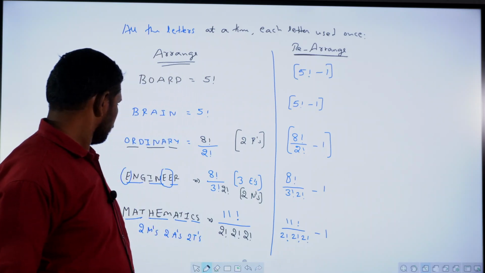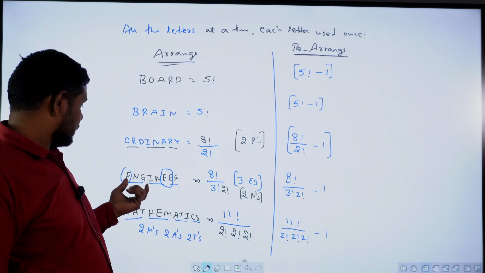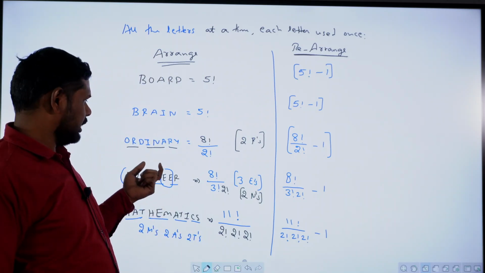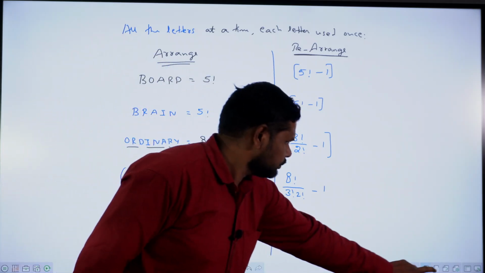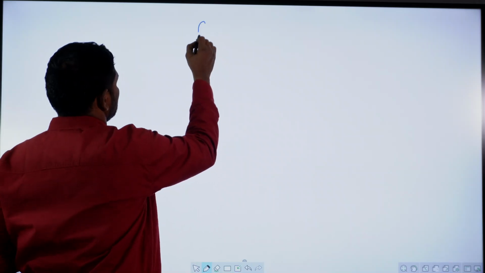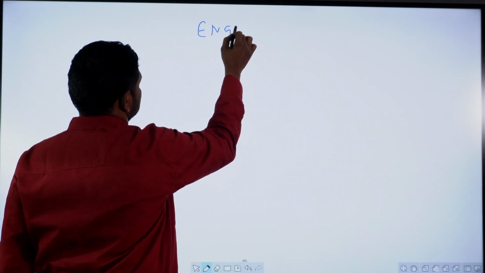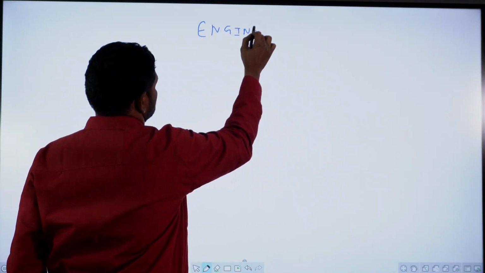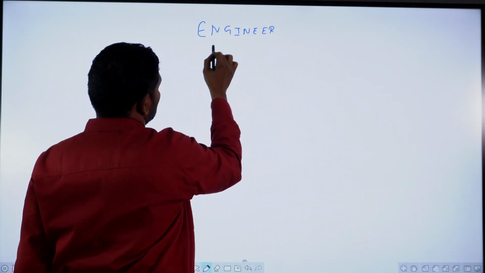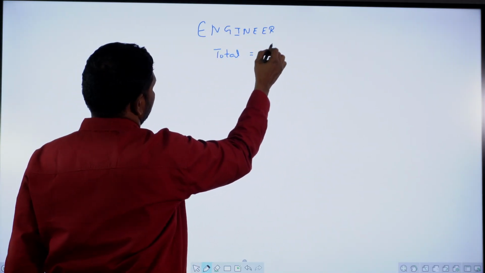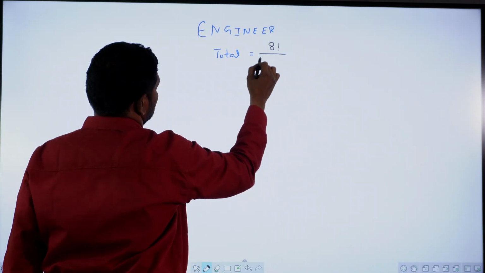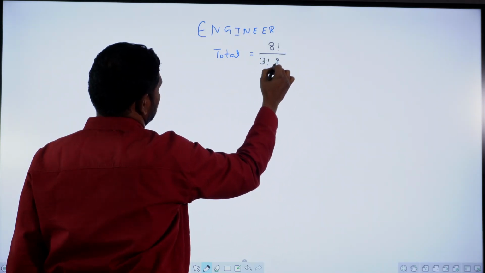Suppose we go for the word ENGINEER. The total we already found: 8 factorial by 3 factorial into 2 factorial.